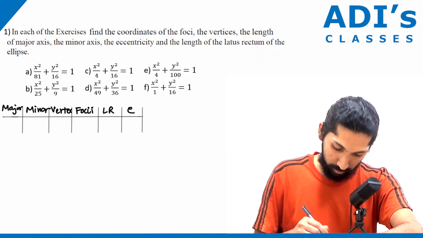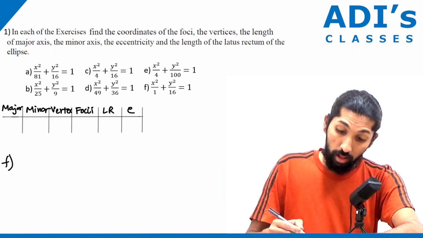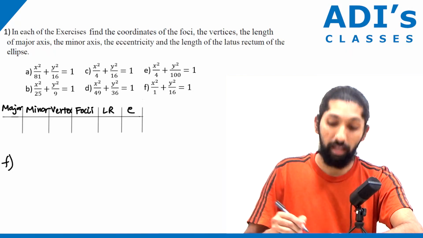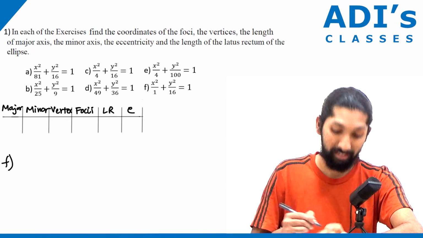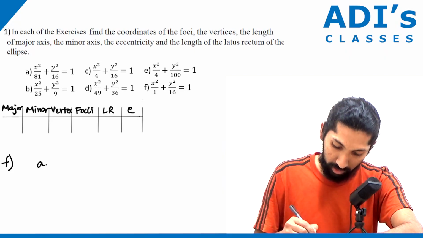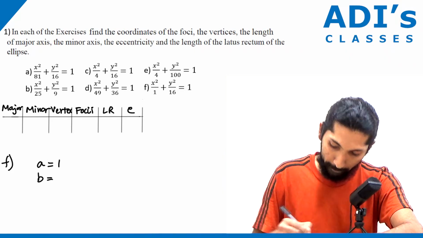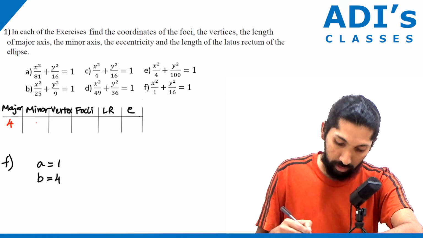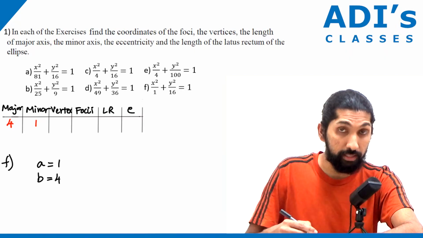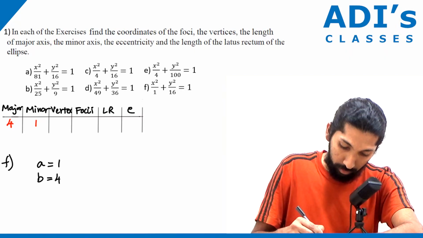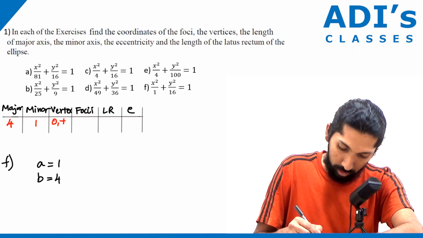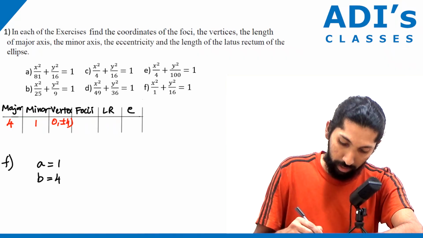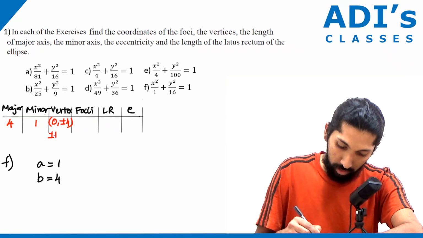F. A value is 1 and B value is 4, isn't it? So you have A is 1 and B is 4. That means here major axis is 4, minor axis is 1. So the vertices are going to be 0, comma plus or minus 4 and plus or minus 1, comma 0.